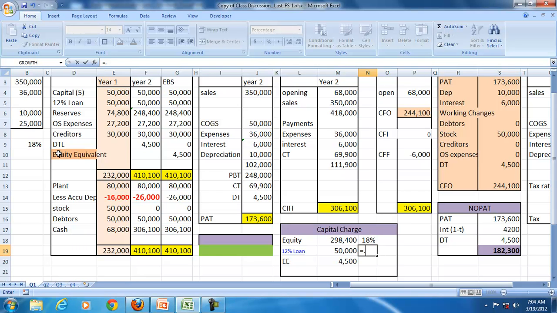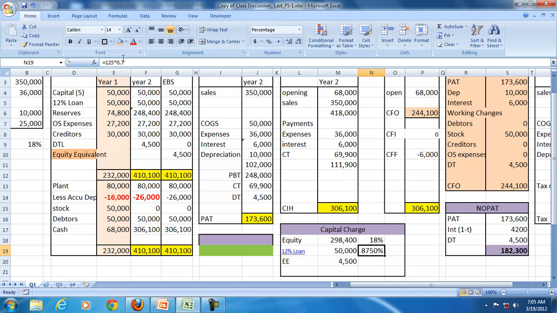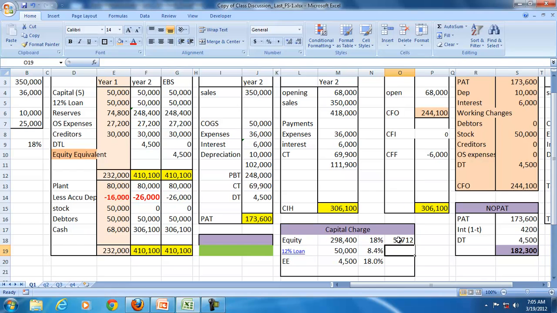The 12% into 0.70 is the post-tax interest rate. Then the equity equivalent is also calculated at 18%. So the cost of debt, cost of equity and cost of equity equivalent together will give us the capital charge.